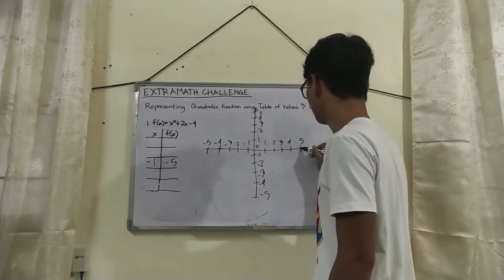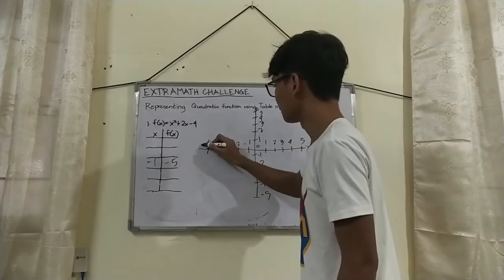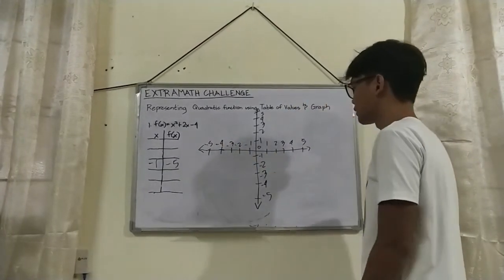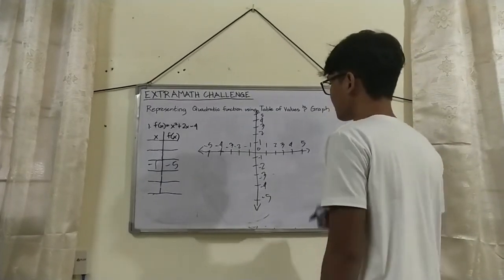Just put the arrows to indicate that this Cartesian plane is infinite, is continuous.